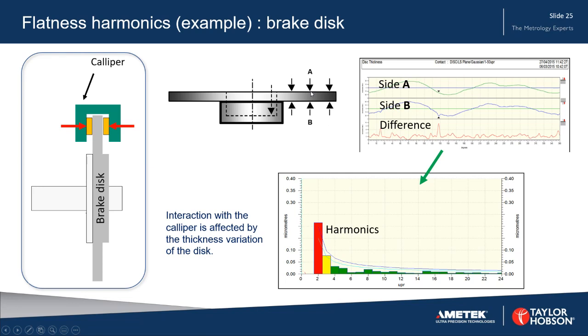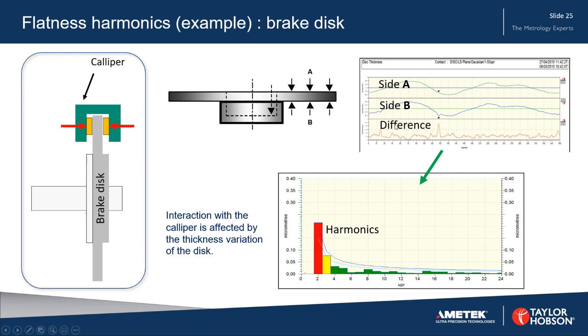How does this thickness change as we rotate the brake disc? And so we take 2 measurements, or sets of measurements here. Just 2 are shown in measurement A at the top, and underneath here, side B, we take a measurement and we get the profiles. These are the linear profiles of the polar trace.